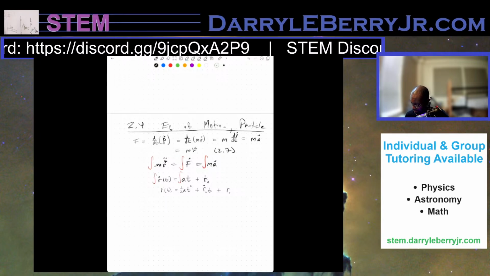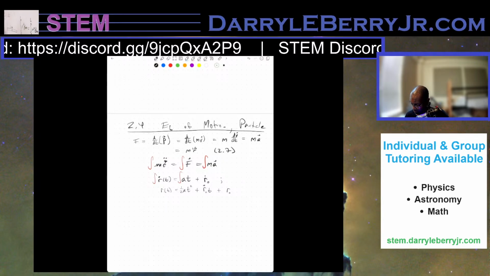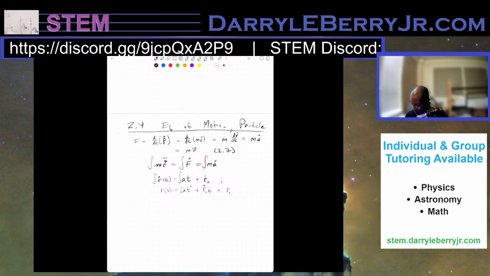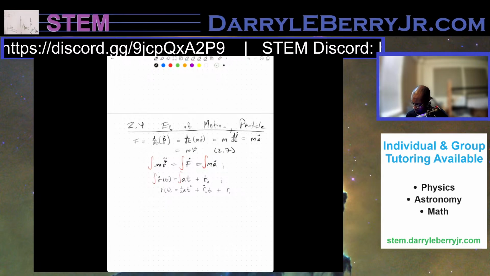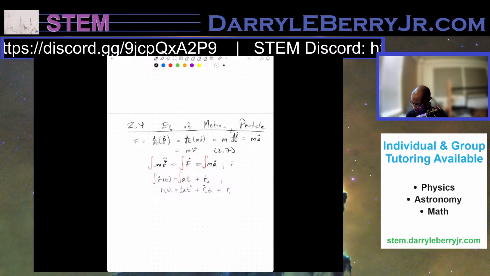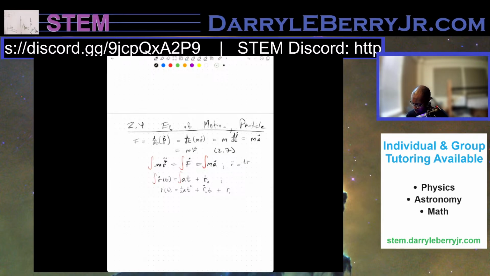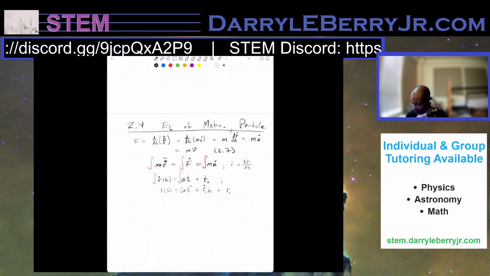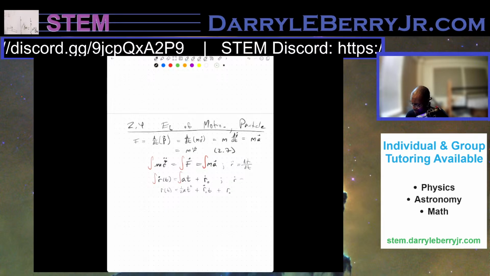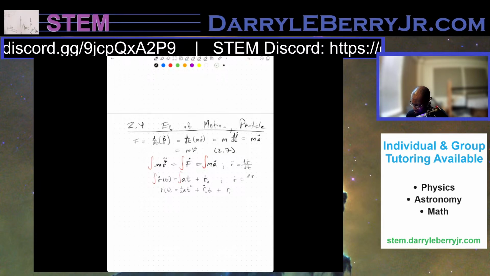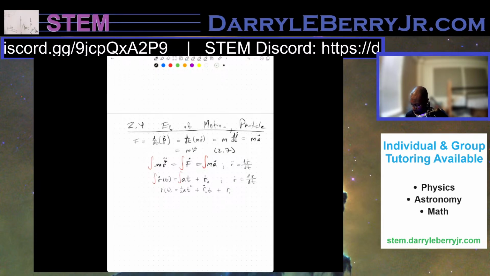And in this case, r dot equals dr over dt, and r double dot equals dr dot over dt.